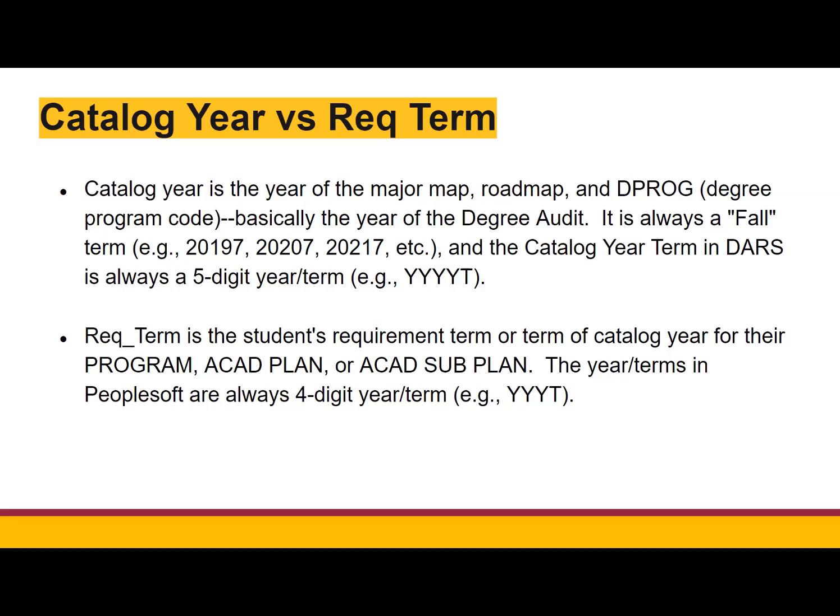It's always a fall term, and it will have the 5-digit year term code. Requirement term, on the other hand, is the student's requirement term, or the term of their catalog year. It is PeopleSoft, and it will have the 4-digit year term code.